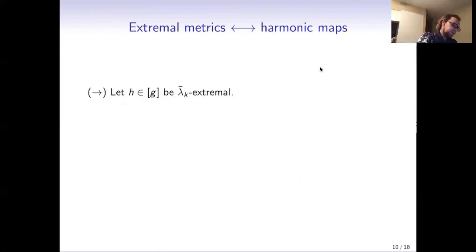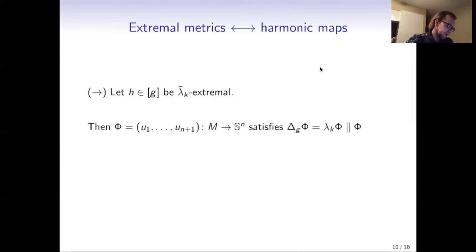In particular it is extremal in this conformal class, so we're only allowing perturbations in this conformal class. So what happens then? As we just established, there exists this map, and this map has Laplacian φ equals λ_k φ. So it's a map by eigenfunctions whose sum of squares equals 1, so it's a map to a sphere by eigenfunctions. And you see that λ_k φ is parallel to φ.